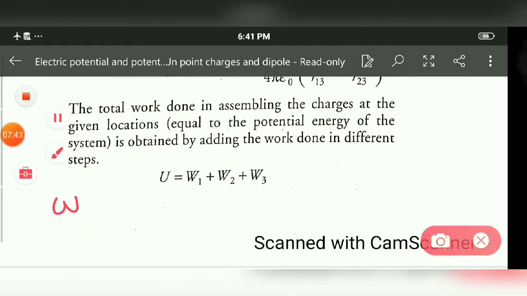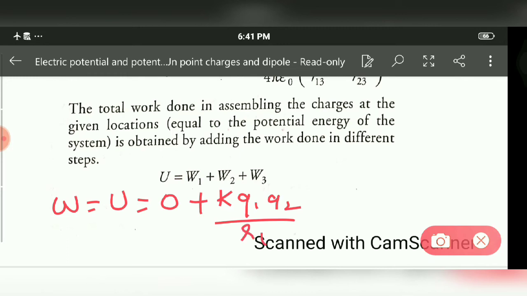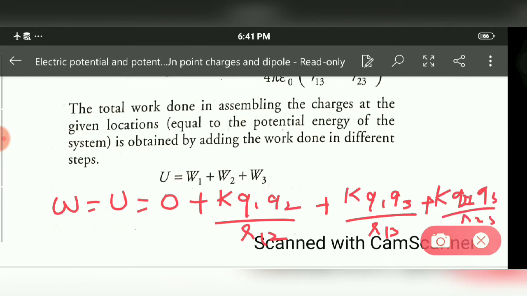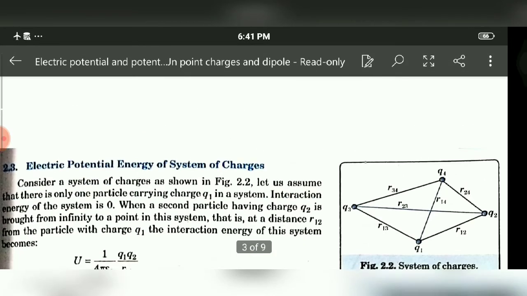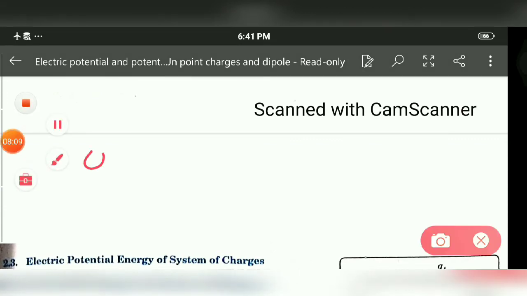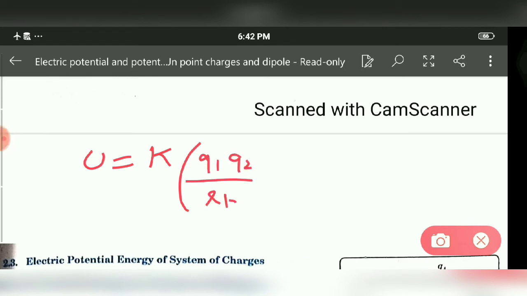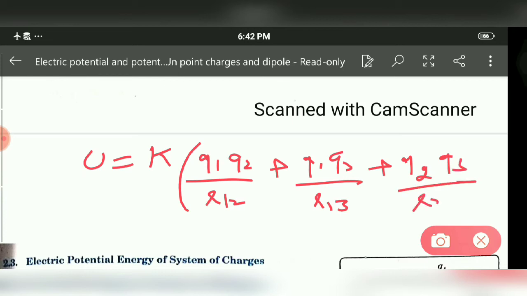U1 was 0, the second was k q1 q2 over r12, and the third was k q1 q3 over r13 plus k q2 q3 over r23. So the total energy stored is k times q1 q2 over r12 plus q1 q3 over r13 plus q2 q3 over r23.